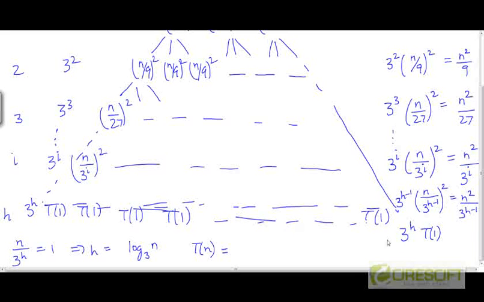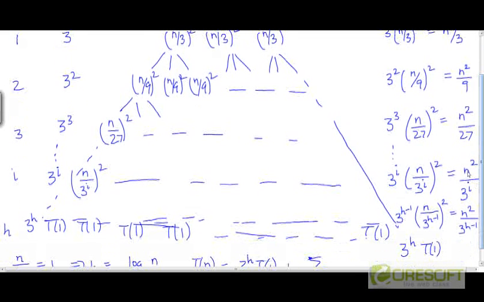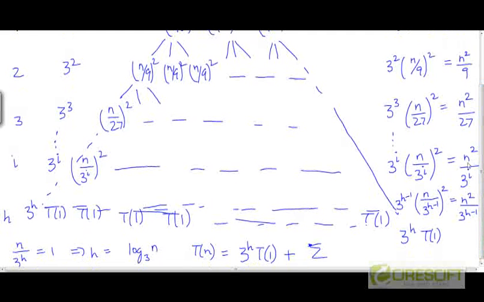So if I state the last term separately, 3 to the power h multiplied by T of 1, plus a series where we are adding the values of these level sums. So we are adding terms of the form n squared by 3 to the power i, where i varies from 0 to h minus 1.